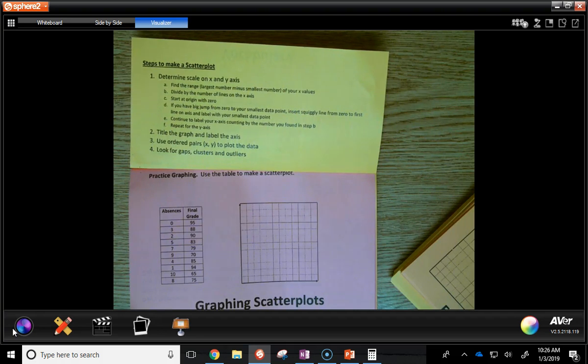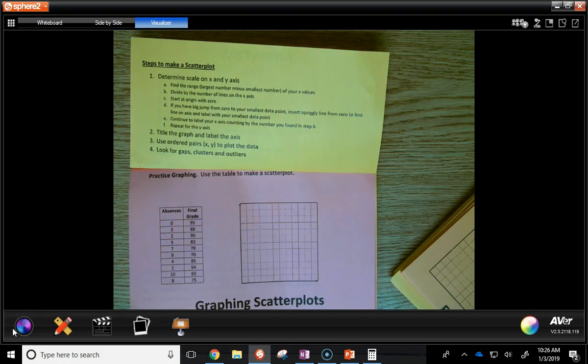The first one is you have to determine the scale on an x and y axis. Our x-axis is on the bottom, left to right. Our y-axis is up and down. And when we look at this, we're going to just talk about these and then we'll actually do it. But the first thing is you have to determine your scale.